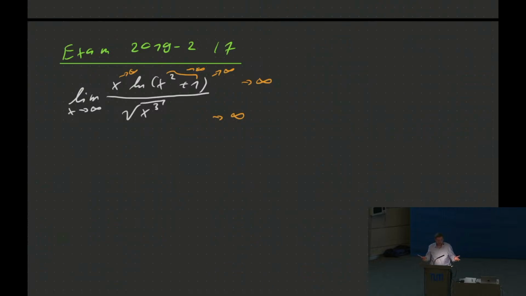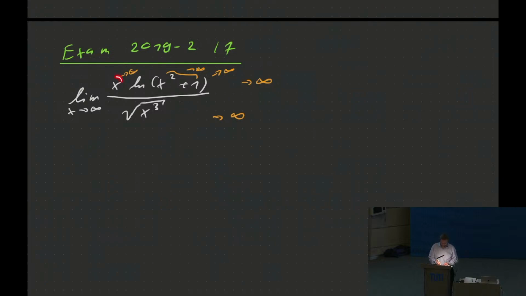Both terms are obviously differentiable, so we can try to apply L'Hopital's rule. However, there's one catch that you should pay attention to here. And that is, before you apply L'Hopital's rule, it might make sense to take a look and see if you can simplify something. And that is, of course, the case here.